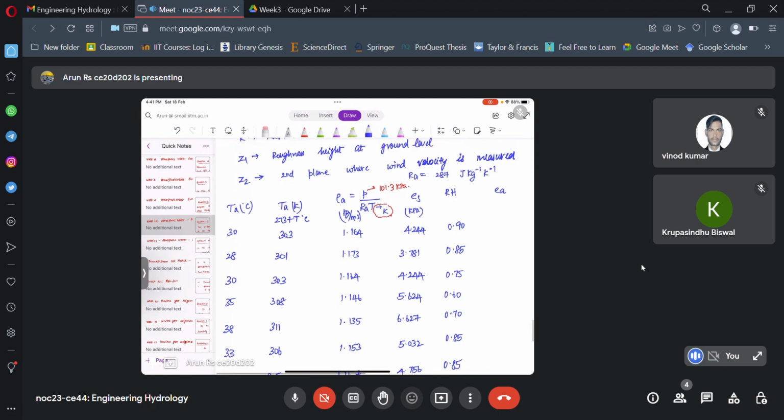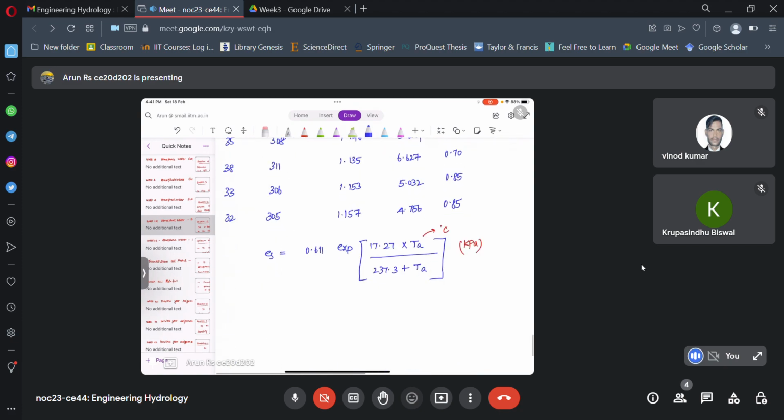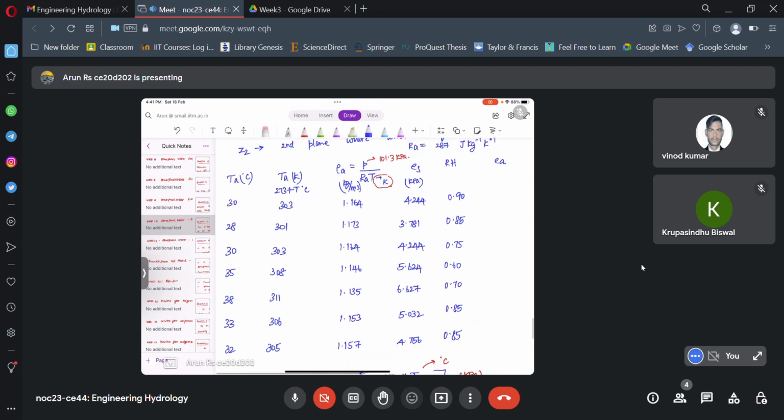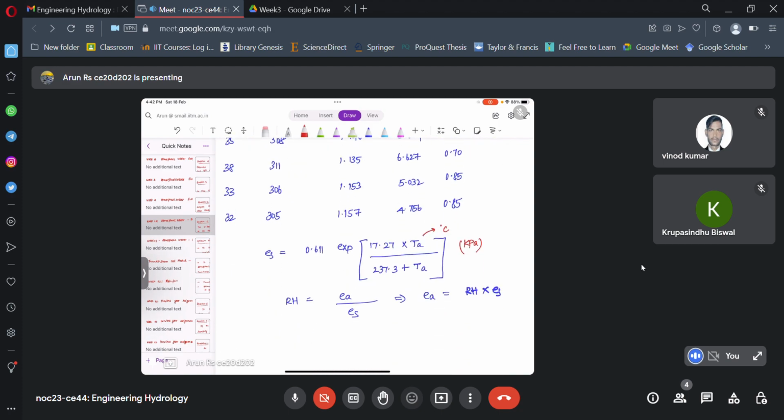So EA can be calculated as, so if we know the relative humidity definition, relative humidity is equal to vapor pressure of the air divided by the saturation vapor pressure. So from this we can get vapor pressure of the air is equal to relative humidity into saturation vapor pressure. So again that will be in kilopascals.